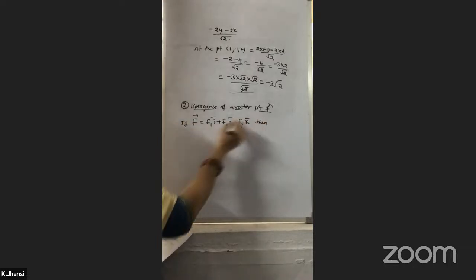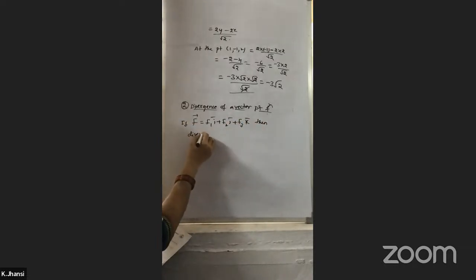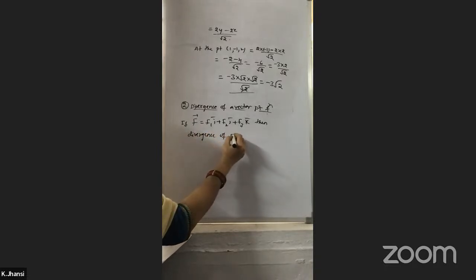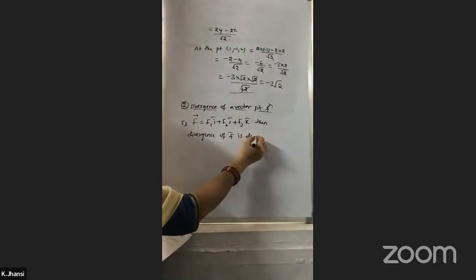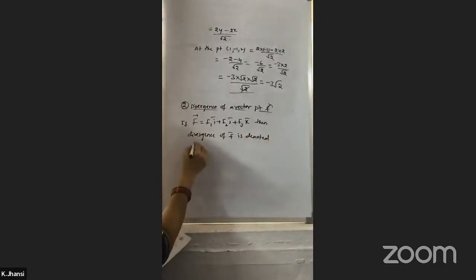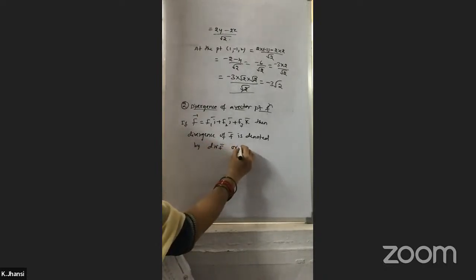So the divergence of f is denoted by div f, or we call it del dot f.